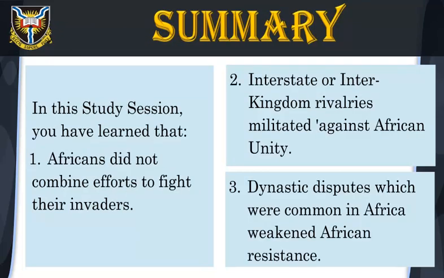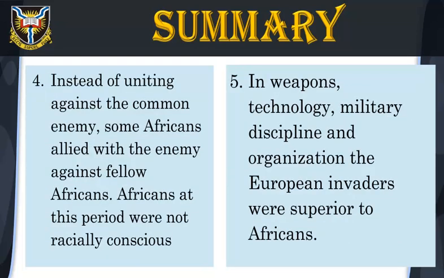Summary: in this study session, you have learned that 1. Africans did not combine efforts to fight their invaders. 2. Interstate or interkingdom rivalries militated against African unity. 3. Dynastic disputes which were common in Africa weakened African resistance. 4.